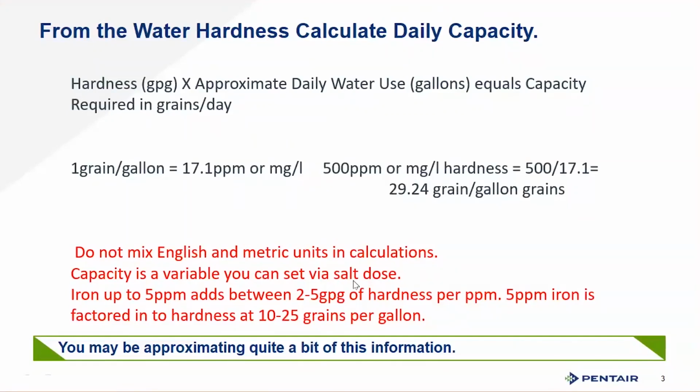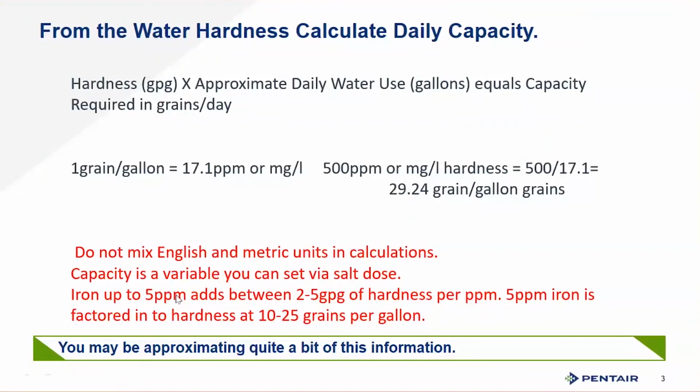Nothing else. If you have iron in the water, up to 5 ppm, that's where we really want to draw the line at using water softeners, traditional resins, to do iron treatment unless you're buying special products for that. You're going to want to do iron pre-treatment ahead of a standard cation exchange resin. Between 2 and 5 grains per gallon of hardness per ppm.